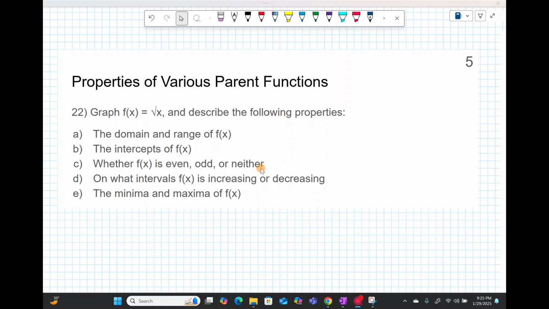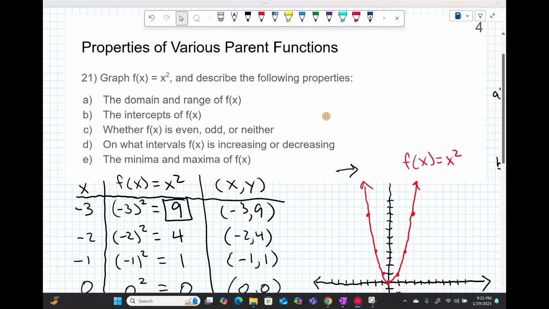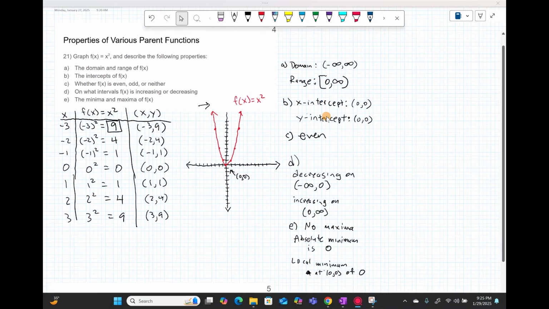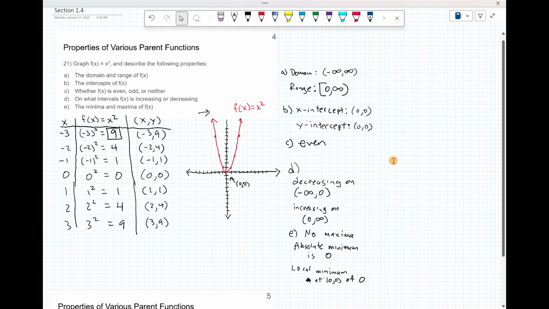In this video, we are going to go over the properties of various parent functions. Now, in class earlier, we went over the properties of f of x equals x squared, which you can see right here.